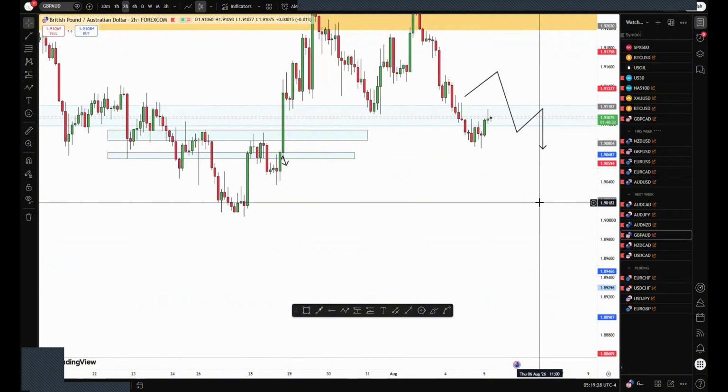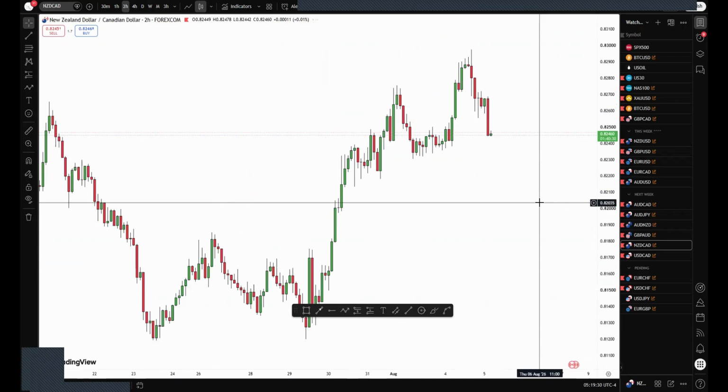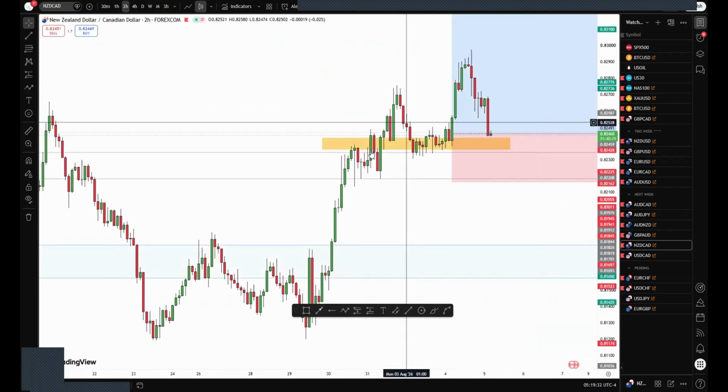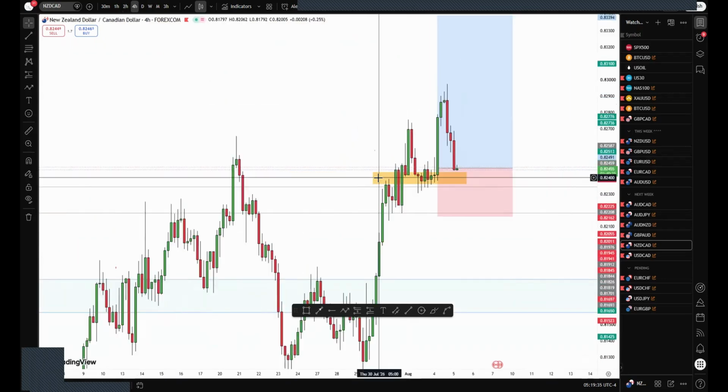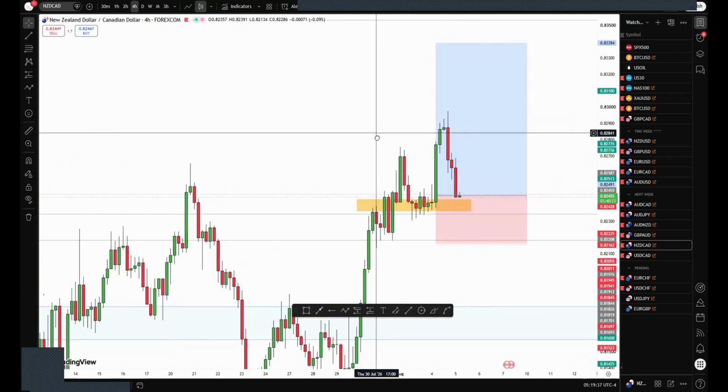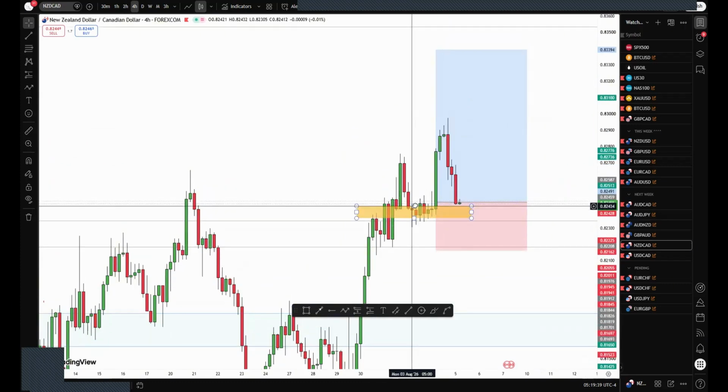This one, I need to see how the weekly goes. Oh, price came back at the entry point, which is fine.